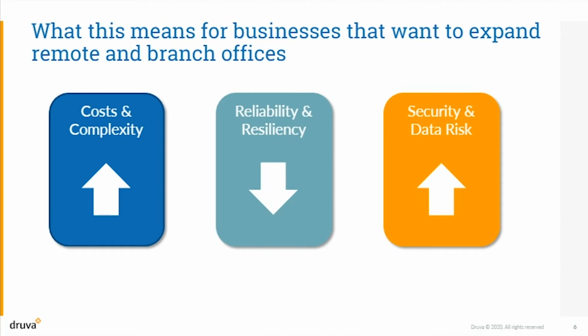It also means that as you have more locations that you're trying to manage remotely, you have a greater challenge managing both reliability and ensuring resiliency. While it's not guaranteed, obviously, that it's going to go down, it certainly presents a challenge. And then finally, the last piece is that more data remaining on premises that isn't properly secured can increase both security and data risks that you face. So you need to have the right controls in place.